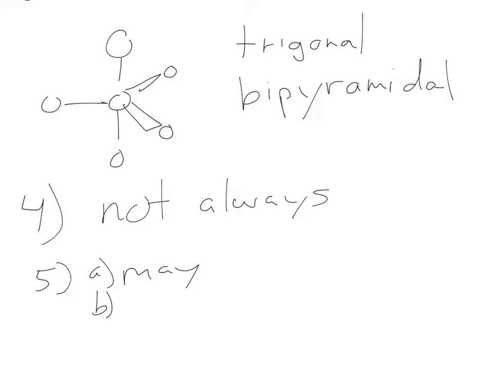I look at the bent molecule. Looks like all nonpolar. So all of these seem to have at least one nonpolar bond, at least in this model. But some of them don't have polar bonds. So if I go down to number 5, where it says polar molecules never, may, always contain polar bonds, it looks like they may contain polar bonds, because not all of the things in that model contained polar bonds.